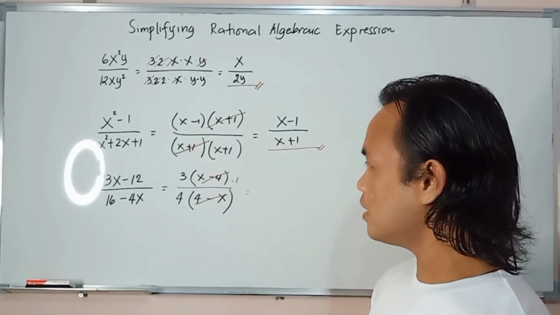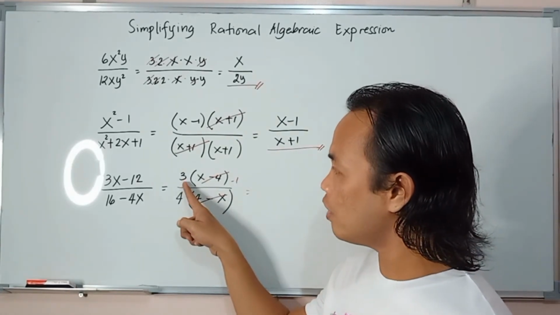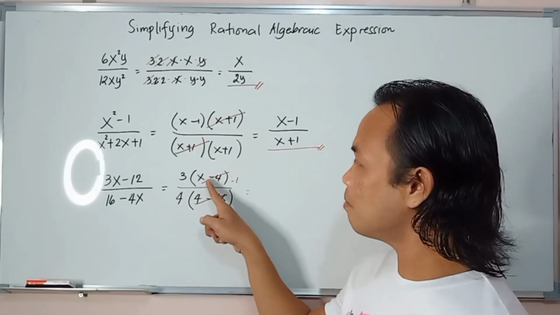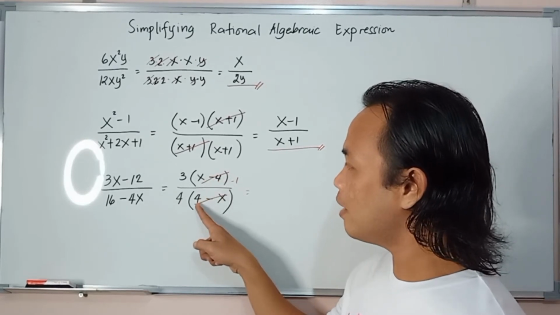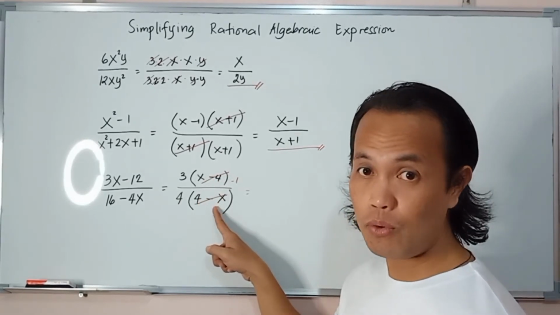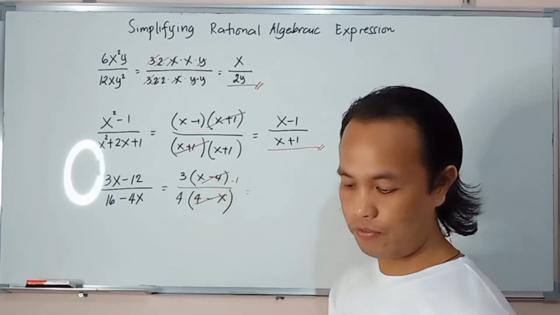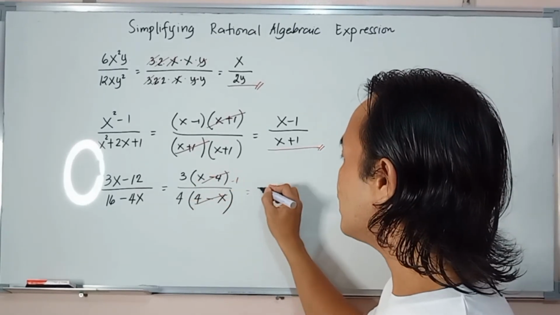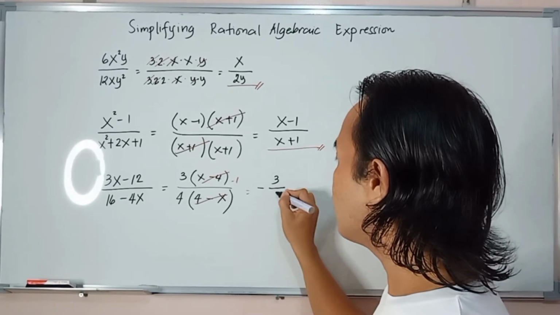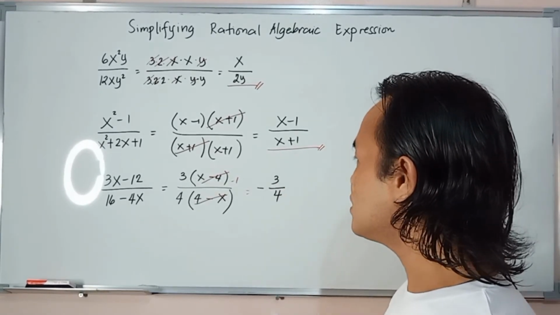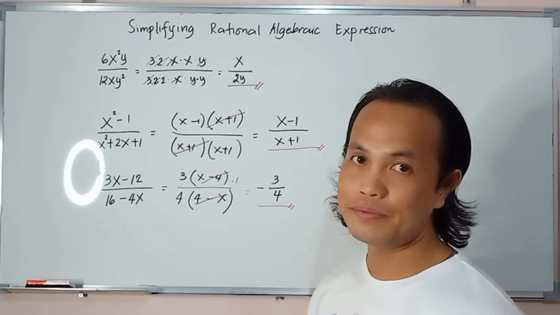So, this is negative 1 multiplied to 3 over 4 here. So, x minus 4 divided by 4 minus x is negative 1. Then we multiply negative 1 to 3 over 4. So, we shall have negative 3 over 4. So, this is now our final answer.